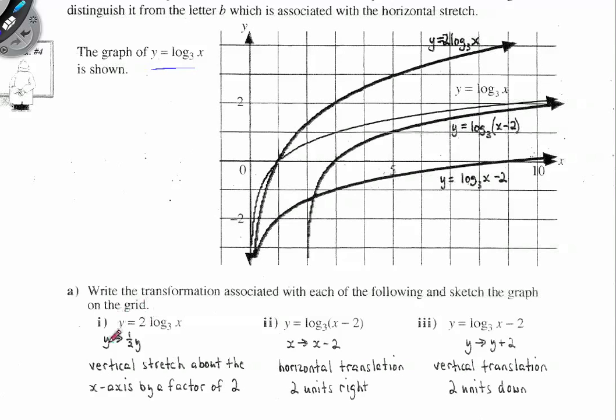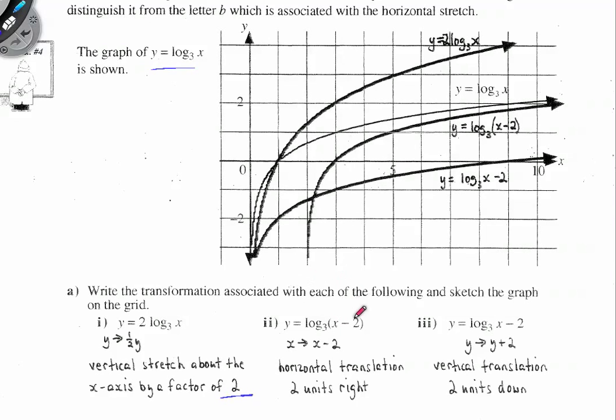Or we can say that y has gone to a half y. Vertical stretch by a factor of 2. So we can take our y values on the graph of log x base 3 and just double. So it's 0, double of 0 is 0, double of 1 is 2. I'm taking some easy points here, but this is 1.5, so we'll go up to 3, and so on.